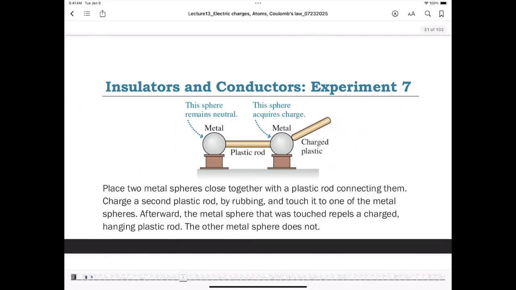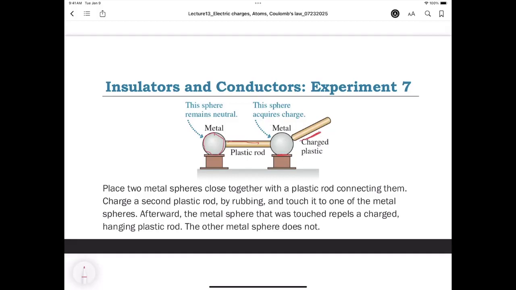Which means when you do this lab, first place two metal spheres and connect them with a plastic rod, then charge another plastic rod by rubbing and touch it to one of the metal spheres.